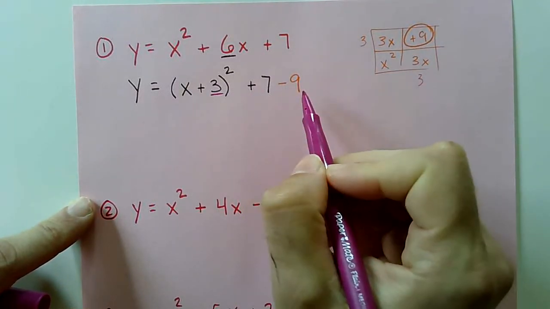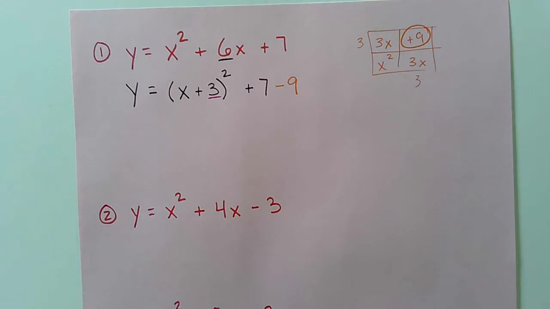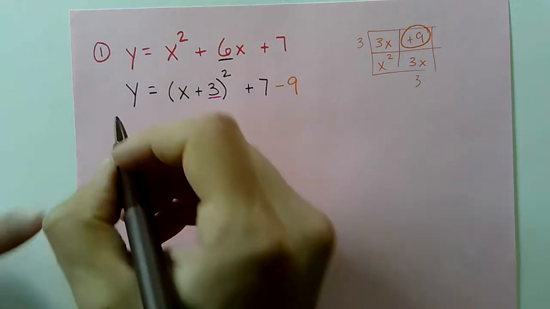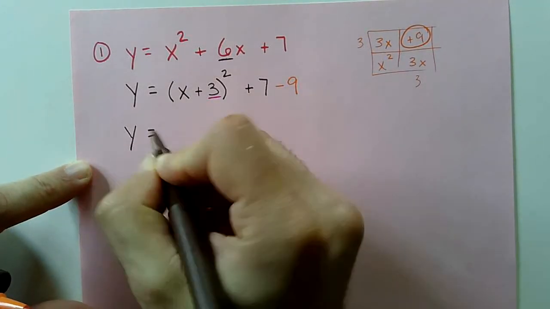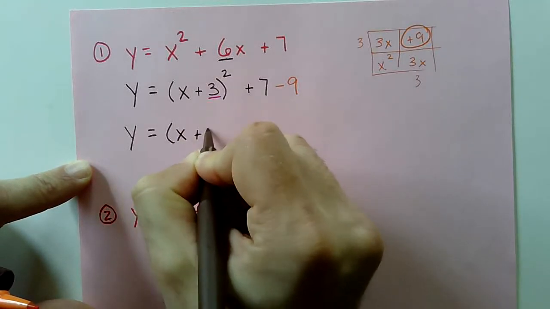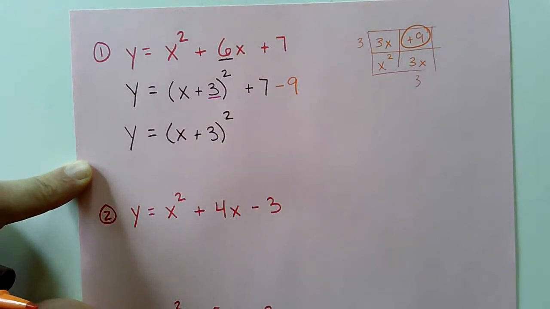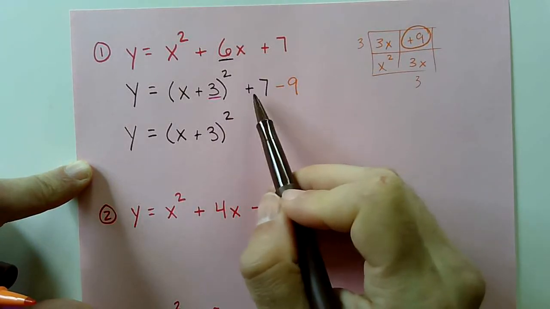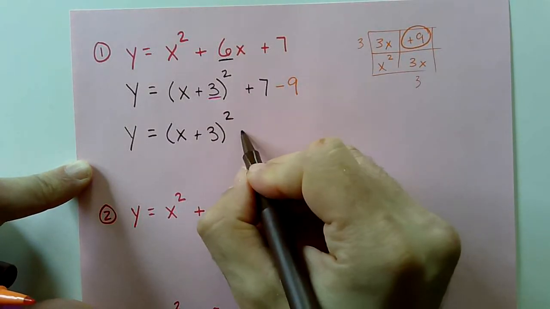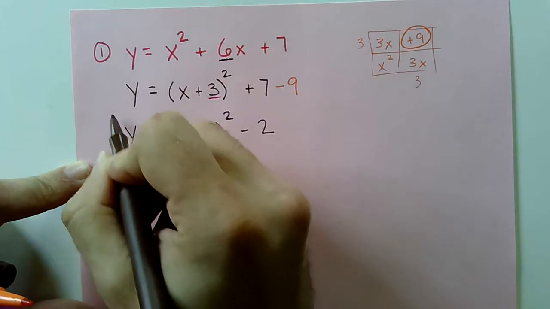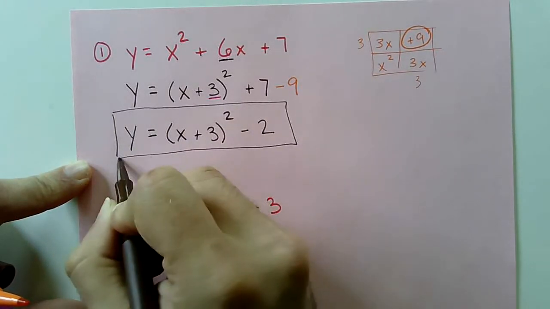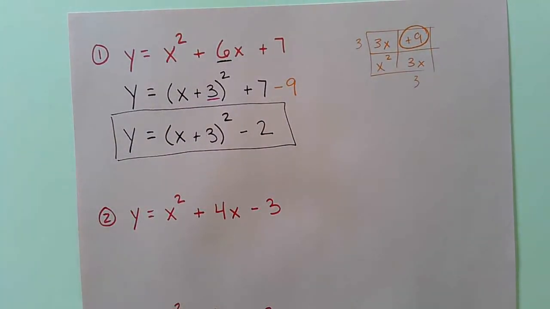So we're going to take away 9, and that pattern is going to hold true for us in a second. Well, to finish this off, y equals x plus 3 squared. And then 7, positive 7, take away 9 is negative 2. And that is my vertex form of my quadratic.